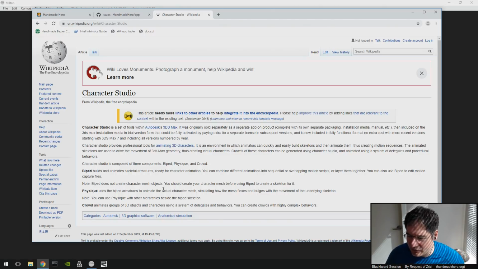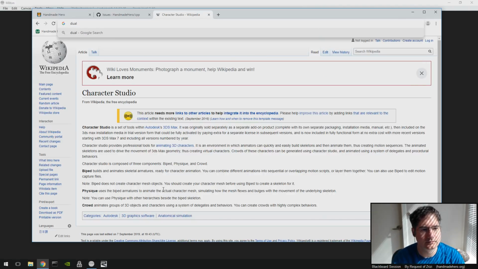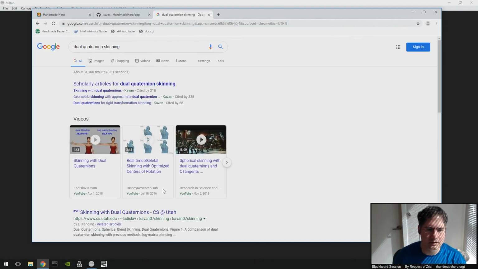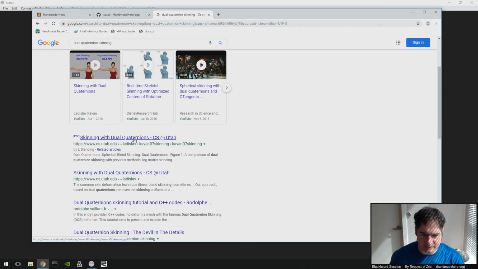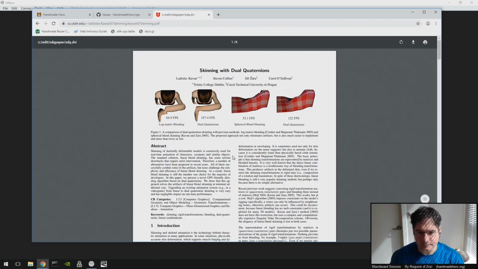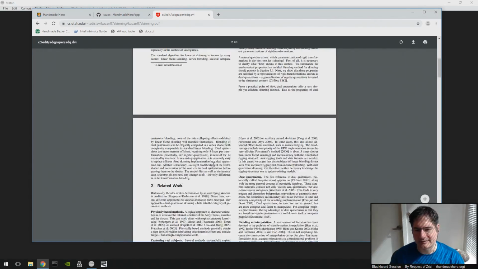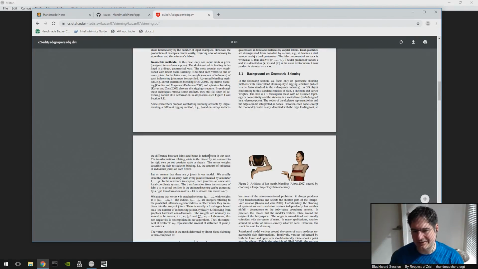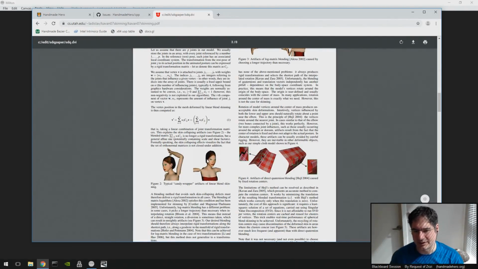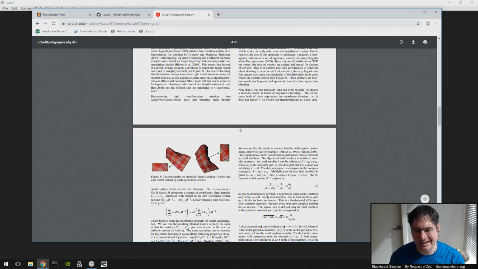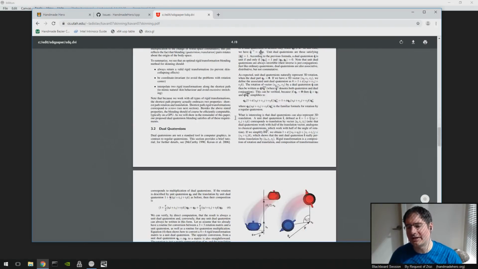There is a thing called dual quaternion skinning. That is basically a separate technique for skinning that I haven't implemented personally.